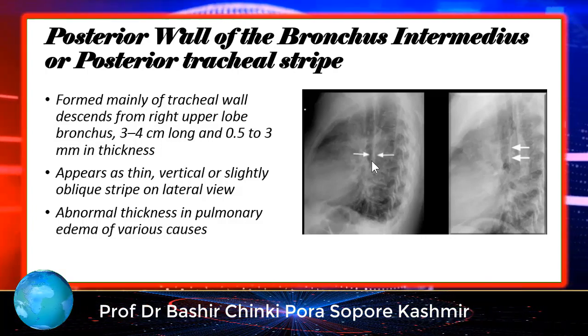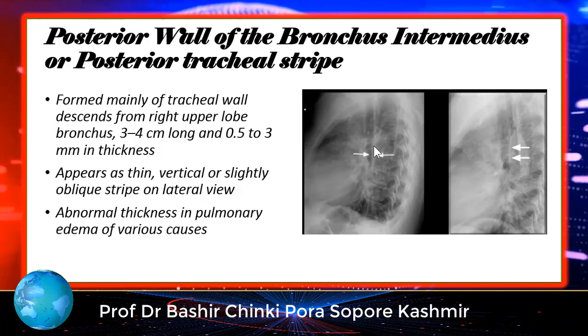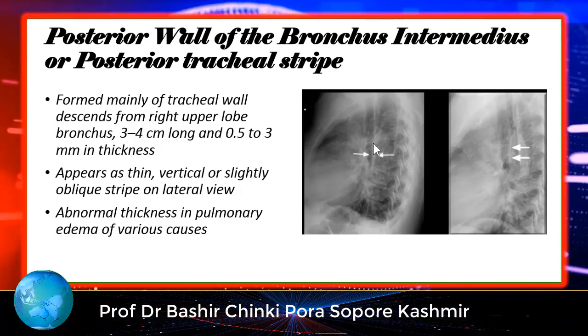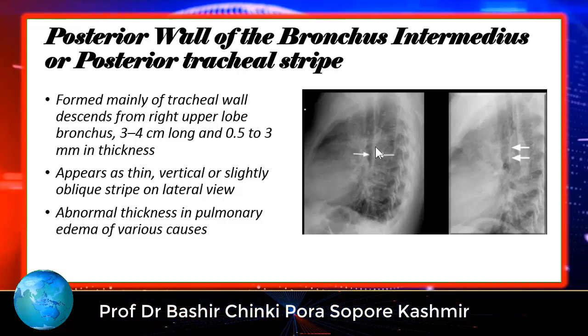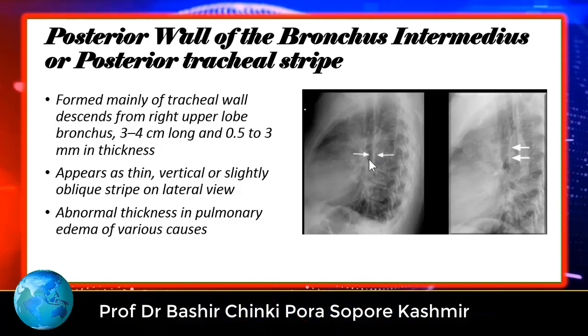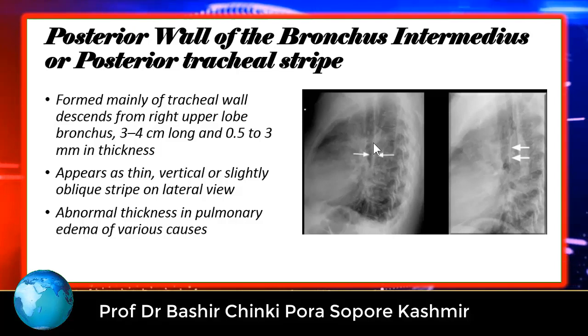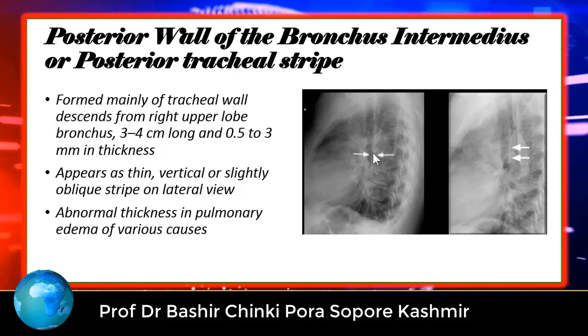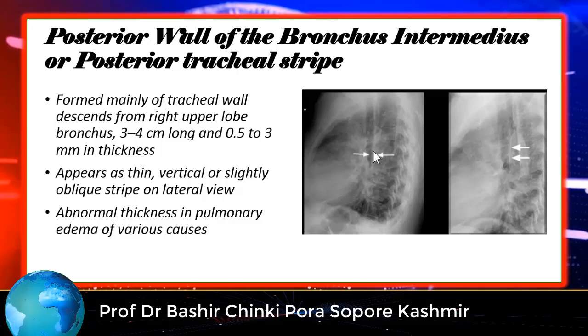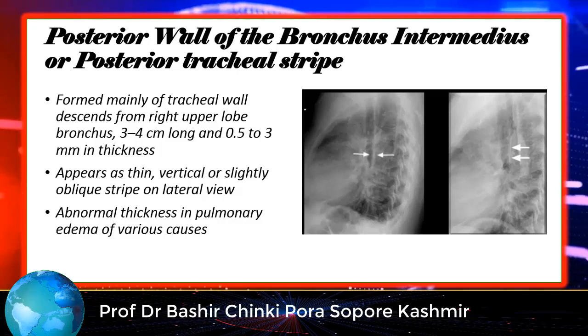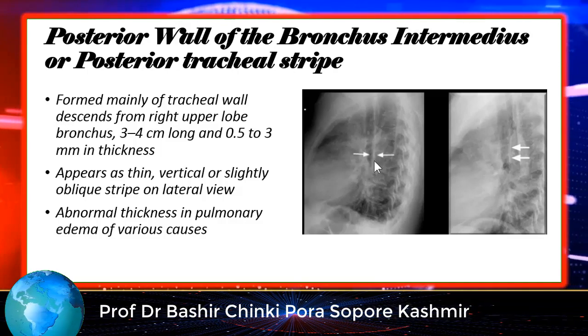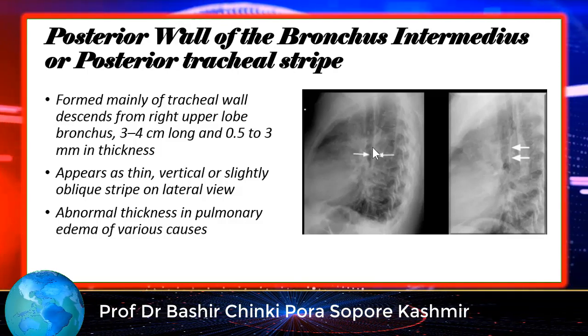So this is how the posterior tracheal strip appears on the lateral view, or how the bronchus intermedius appears on the lateral view of the X-ray. And there can be abnormal thickness.